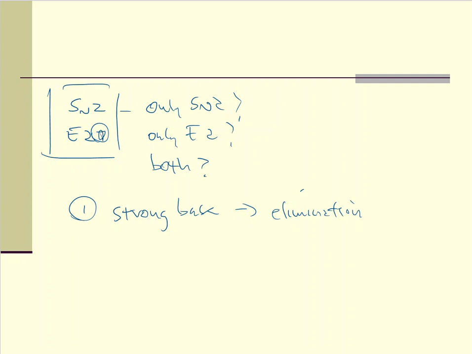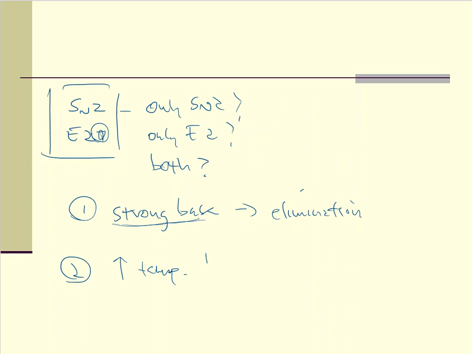SN2 happens, substitution goes on, that is a product. Elimination happens, double bond forms, that is a product. Out of the two, between SN2 and E2, because I'm using strong bases here, the elimination route will be preferred. Next, another trick that we can do to persuade it to do something is I need to increase the temperature.